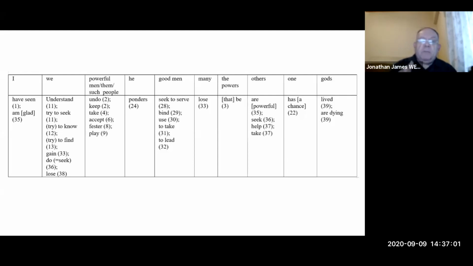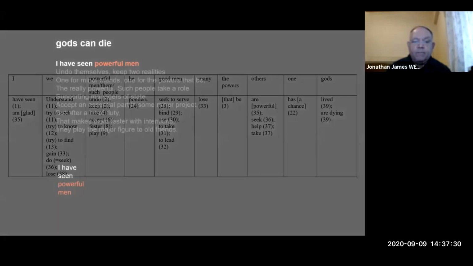But you notice that the powerful men, those that have gone like his friend, are very busy doers. Undo, keep, take, accept, fester, play. Very busy doing. The activity was one of doing. And also, obviously, at the end there, gods lived and are dying. The opposite. Again, that same sort of symmetrical pattern that we've seen.